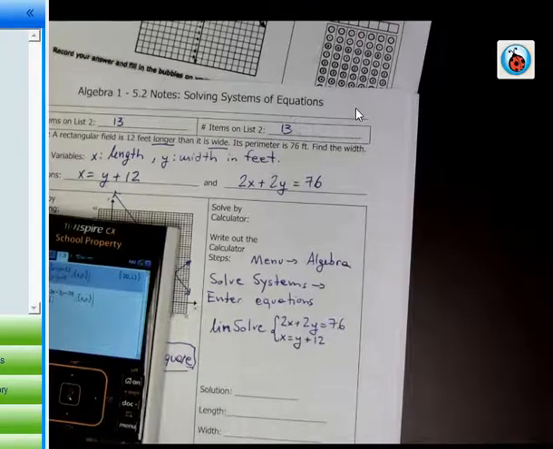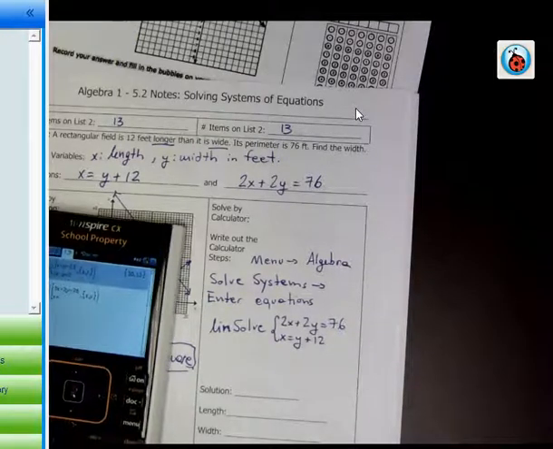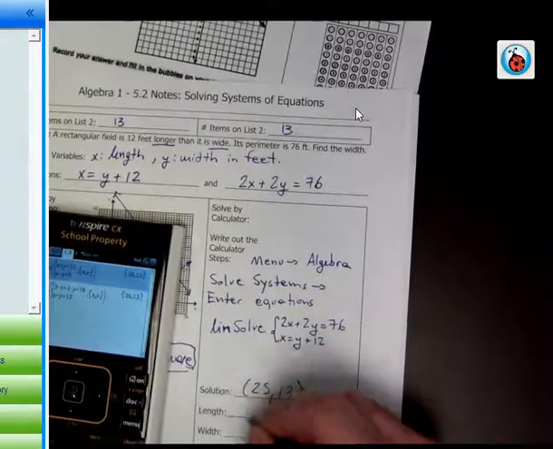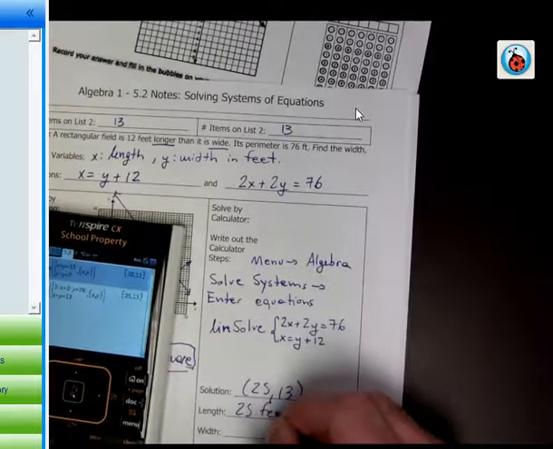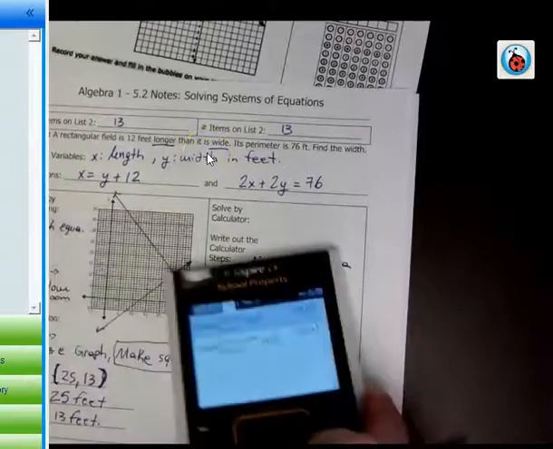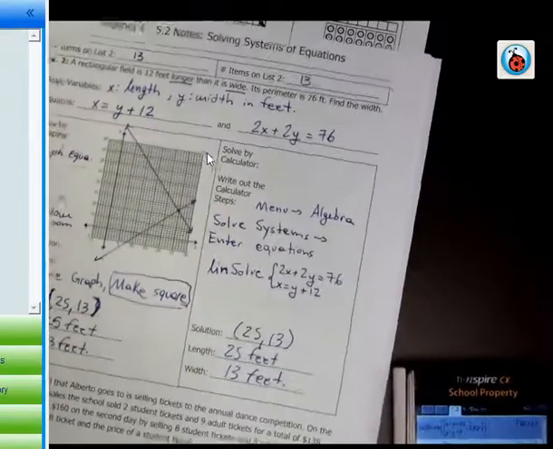I click down, not enter. X equals y plus 12. Okay, and we get the same answer. So now you get to use whatever method you want.